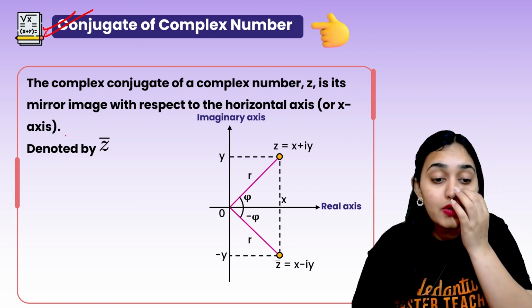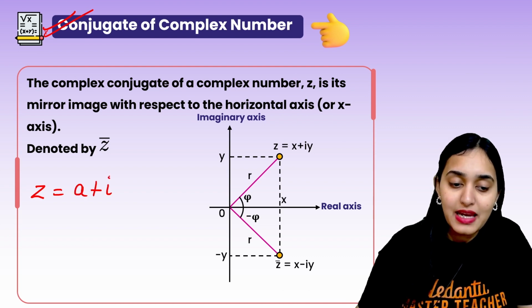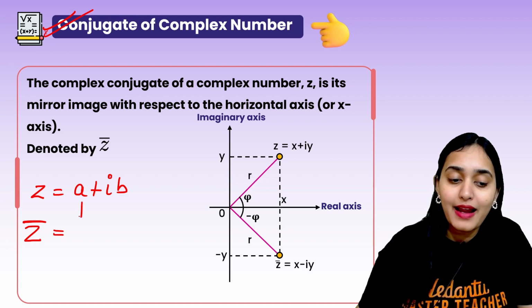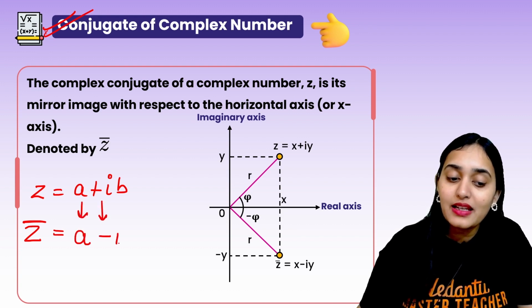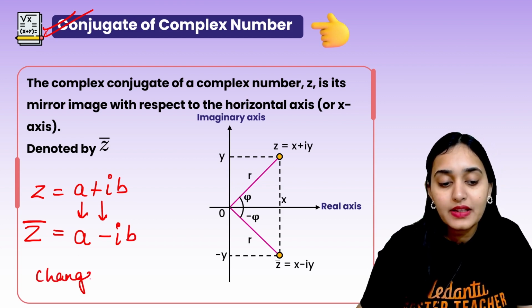What is conjugate? If you have a complex number a plus ib, the conjugate of this complex number is: write a as a, and write this as minus ib. So what you do is change the sign of the imaginary part.